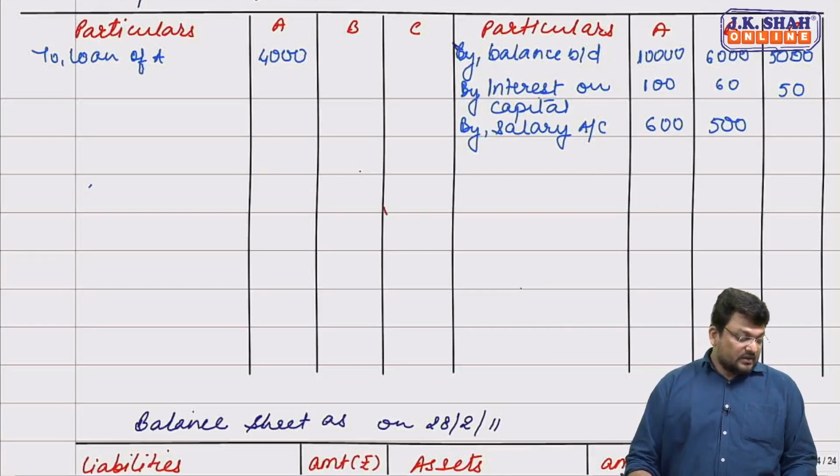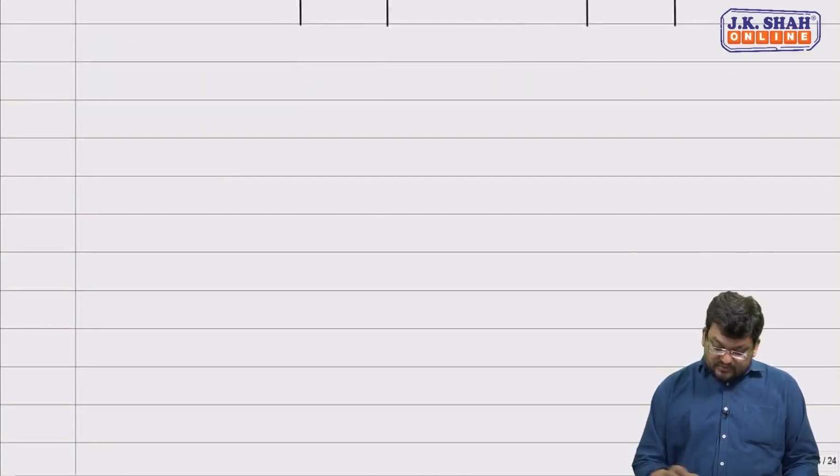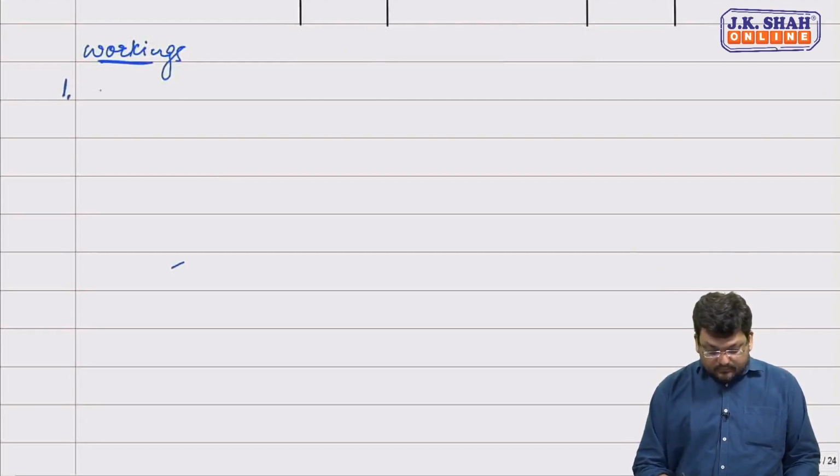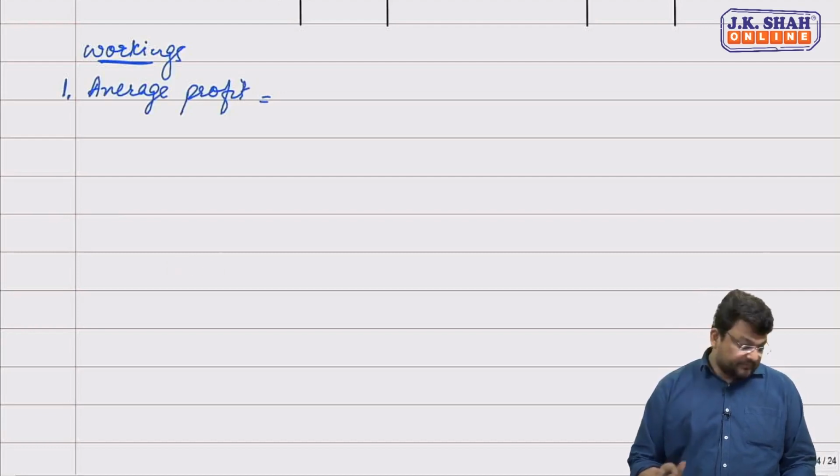Correct. Then about goodwill. Let's calculate goodwill first. What is your average profit? Average profit of 3 years.